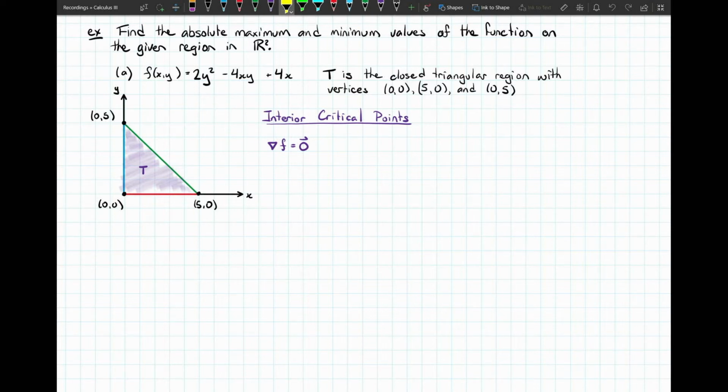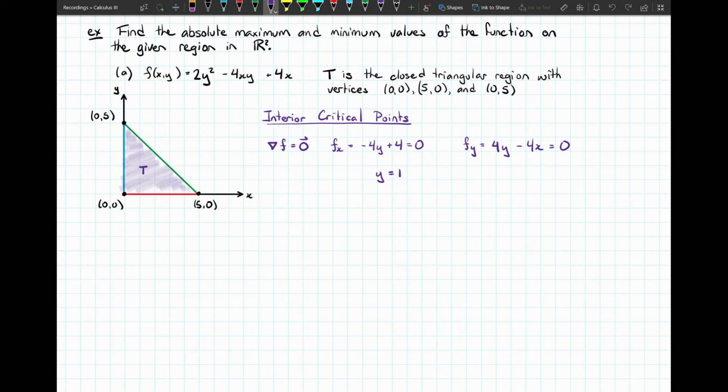Now that equation can be broken down into two pieces. Firstly, we can take the partial derivative fx, and that's equal to negative 4y plus 4, set that equal to 0. And next, we can set the partial derivative fy, which is 4y minus 4x, equal to 0. And then we'll start solving these two equations. Now, the first equation is much easier to solve than the second, so let's work with that.